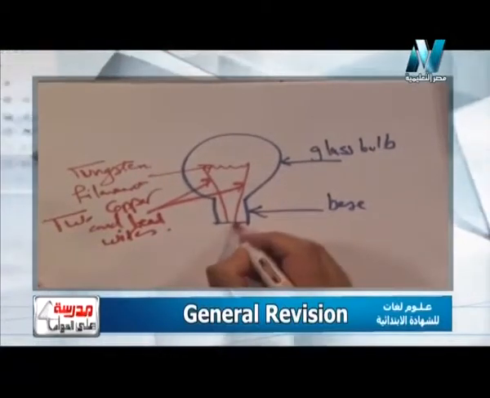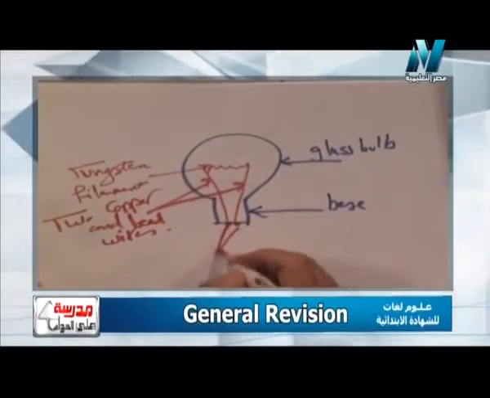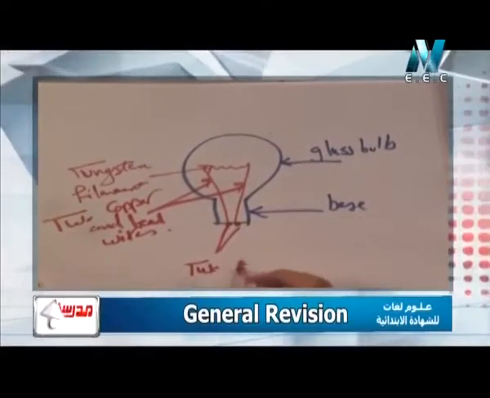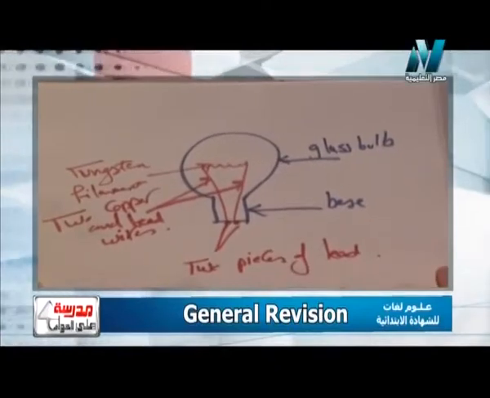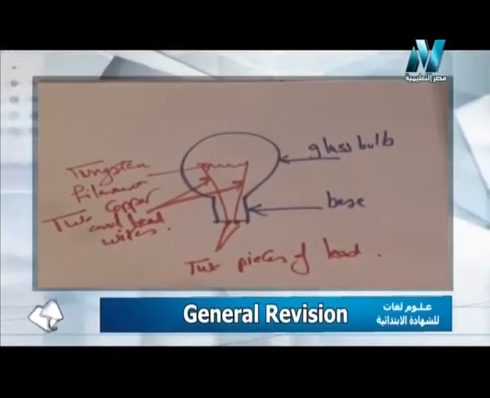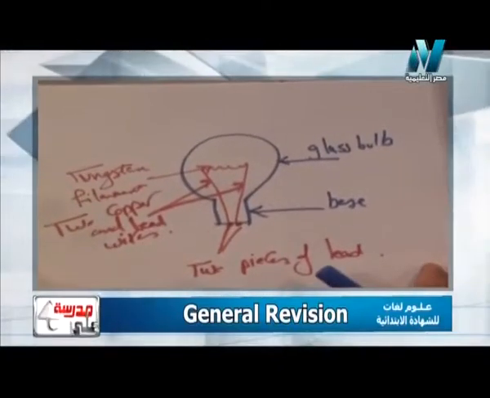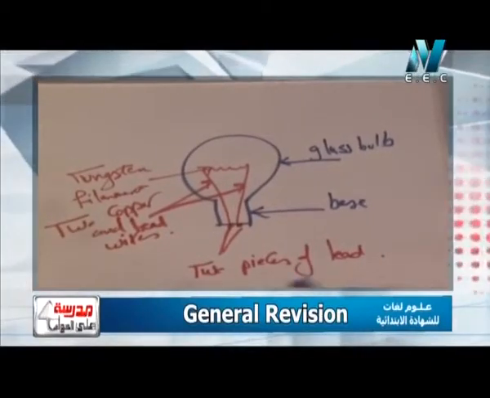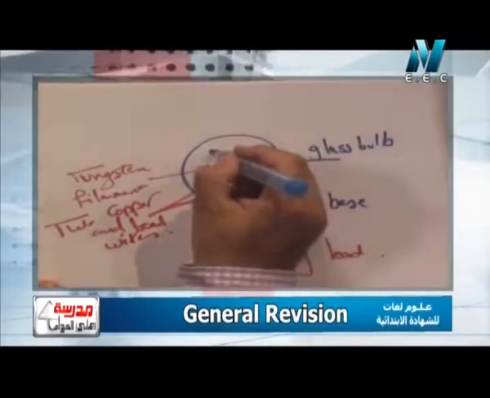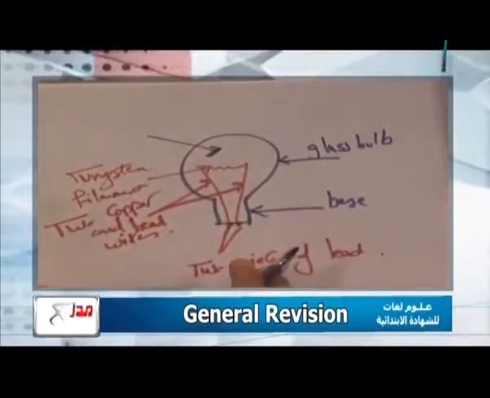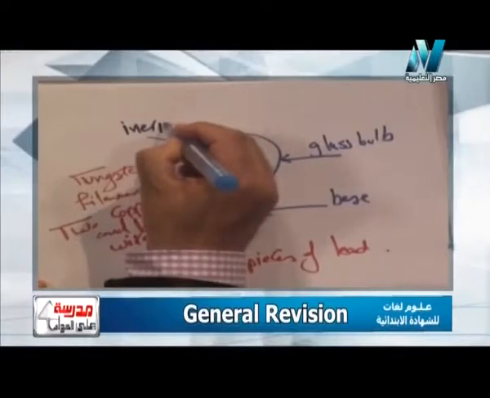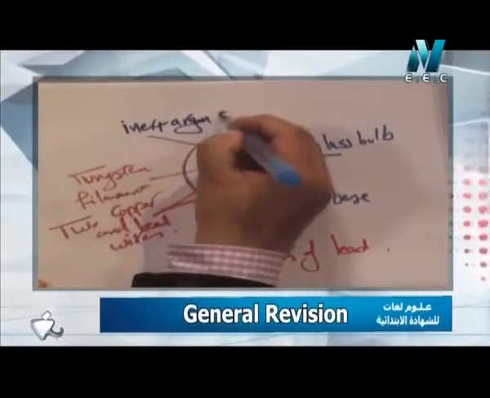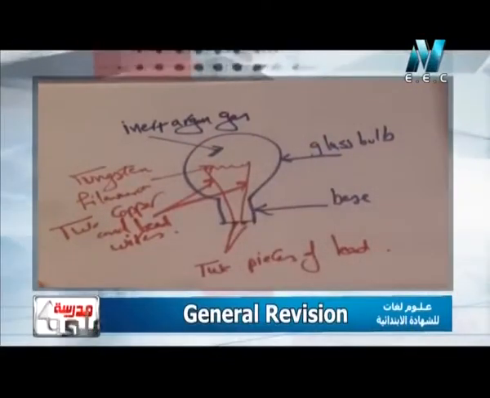Here I have two pieces of lead. I forgot something important, and I know all of you will remind me of it, which is the inert gas. I can point here in the free space. Here is the inert argon gas, or I can say argon gas.